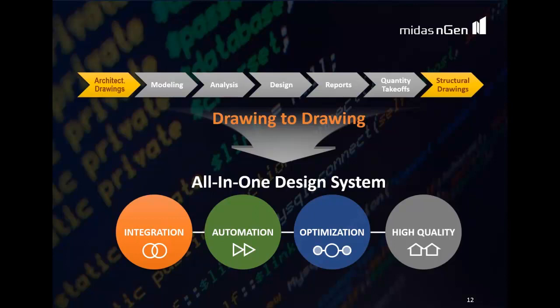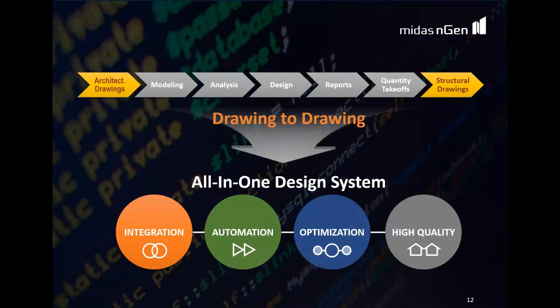You can do the modeling through the architectural drawings. You can get the analysis performed, get the design checked or done. You can get the reports generated, the quantity takeoffs, and finally the structural drawings.